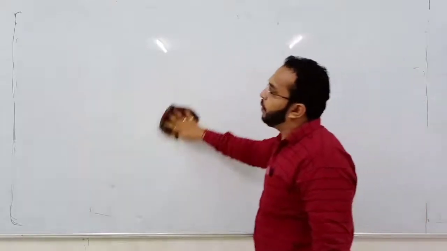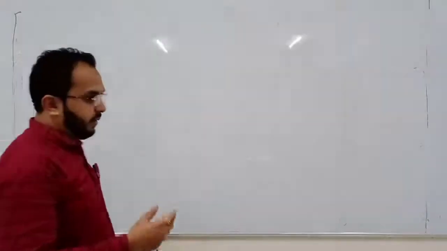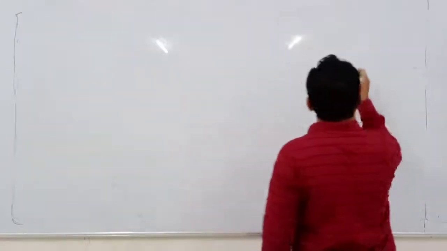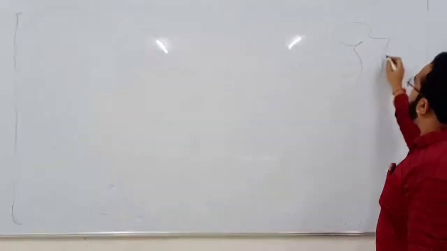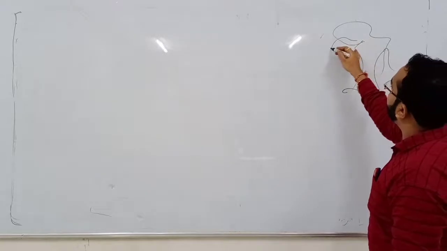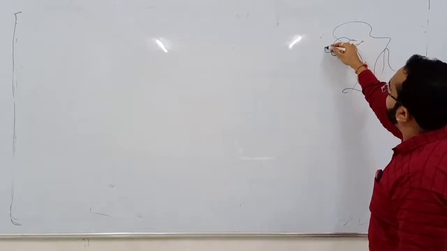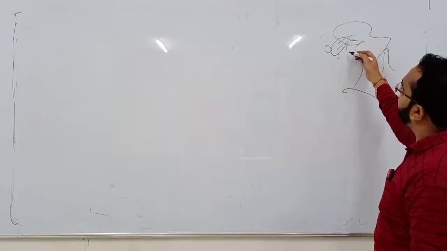Now, a bear fell off a tree. This is a bear. Okay, my drawing is okay. Super.